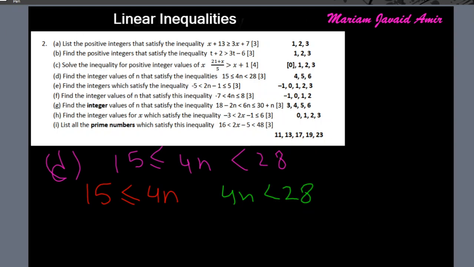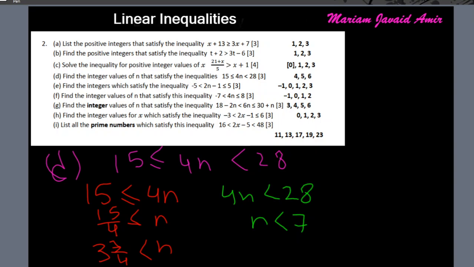Then simplified we get 15 over 4 less than or equal to n, and as a mixed fraction I'll write 3 whole 3 by 4. And the other inequality would be written as n is less than 7. So now I'll have to write these two by combining the given two inequalities.